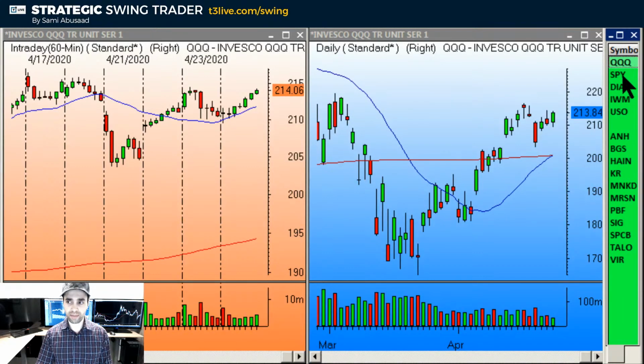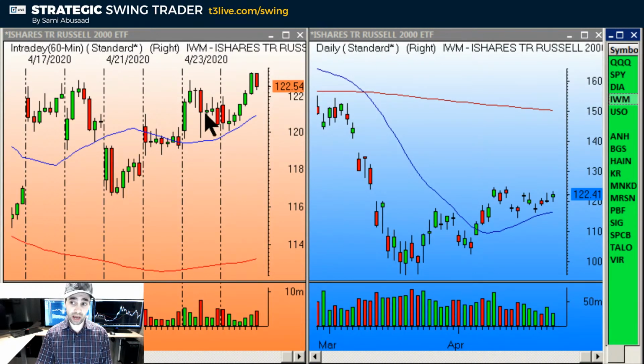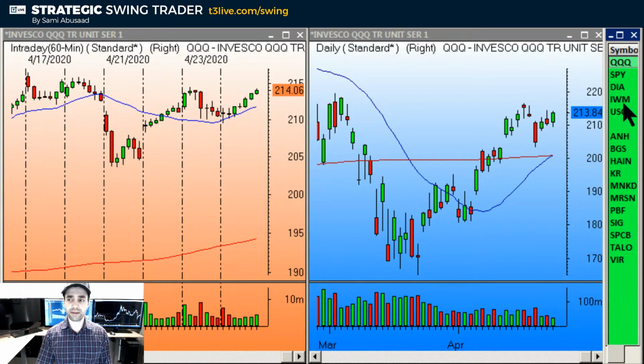So Qs up, SPY up, again weaker and weaker, but the same picture. Look at the hourly pivot here that formed on Friday, yesterday. IWM the same thing. USO is different, but Qs, SPY, Diamonds, Russell 2000, they're all the same. And the bias should be very, very clear for Monday, all out bullish unless we break under Friday's low.